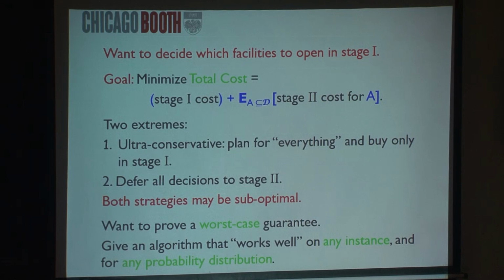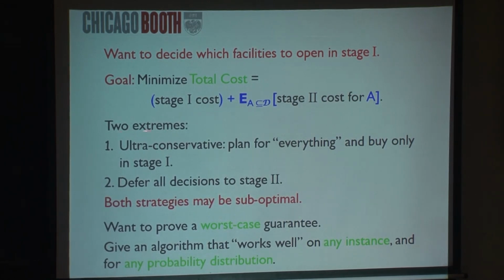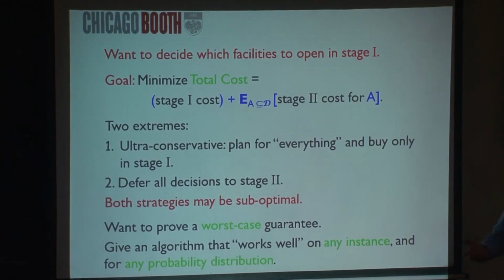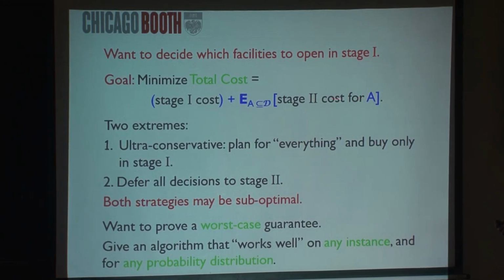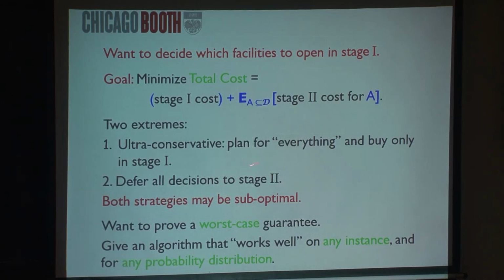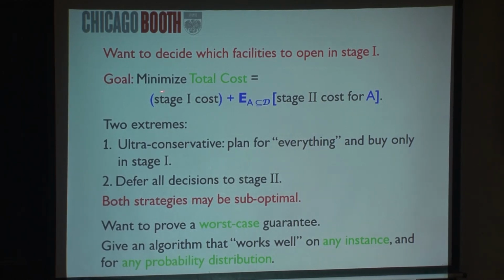Okay, so there are certainly different outcomes or different solutions that you could try. One of the solutions would be that you open facilities everywhere, and you're guaranteed that there's at least no facility costs in the second stage. So you could plan for everything, or you could decide not to have any costs up here.